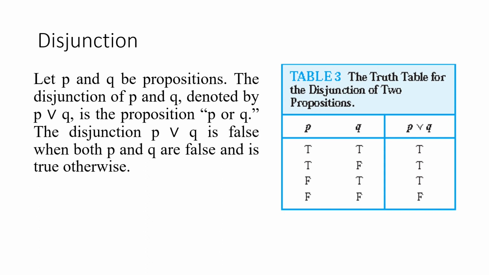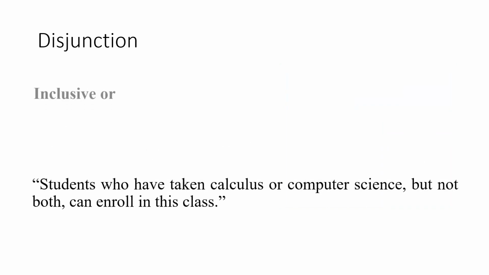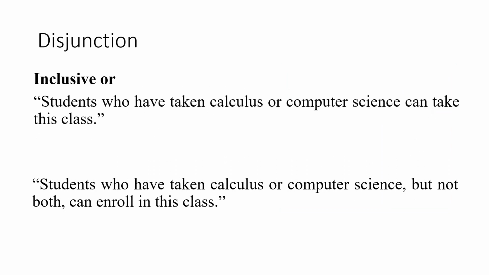If P is false and Q is true, then P or Q is true. And if both propositions are false, then P or Q is also false. So let's have this one.